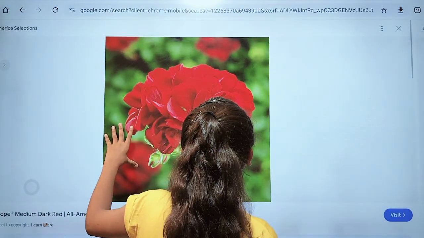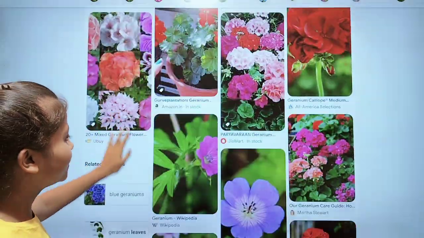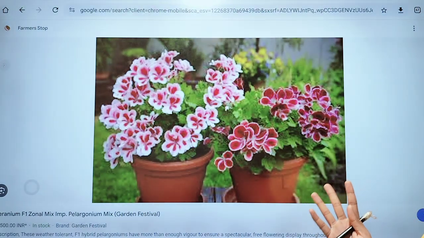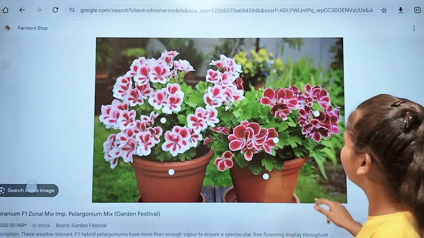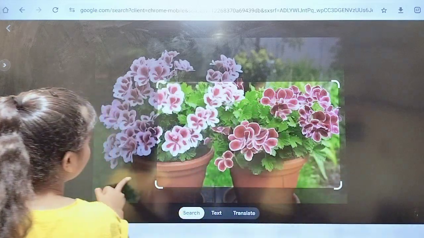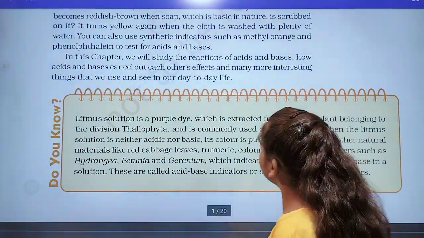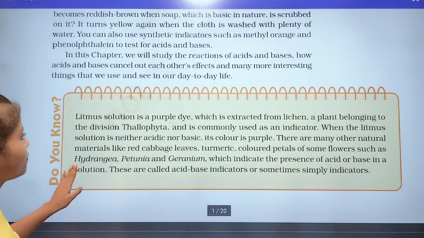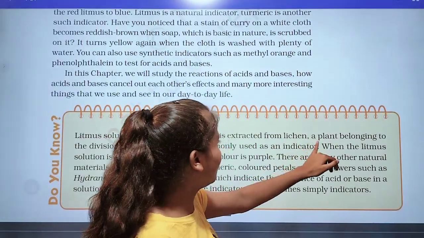This one is also looking so beautiful. I think you have understood all the things. Only one thing we have to know, that there are many indicators that are used to identify whether a substance is acidic or basic in nature. So let's come to the chapter. Hydrangea. And where is it extracted from? Lichen.